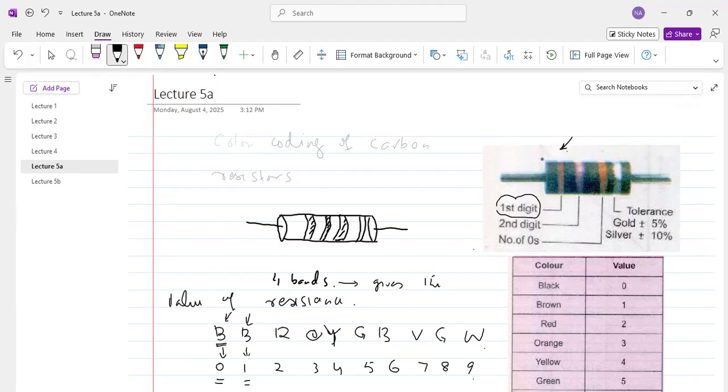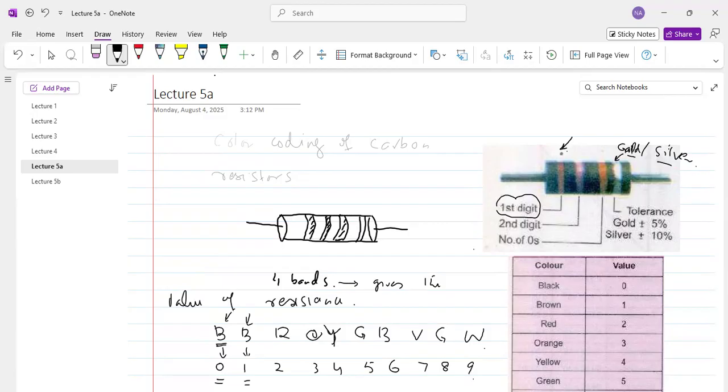Always start from the left side, or from the side opposite to the tolerance band. There are two types of tolerance bands: either gold color or silver color.